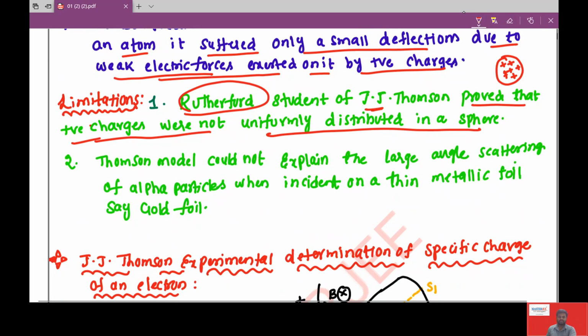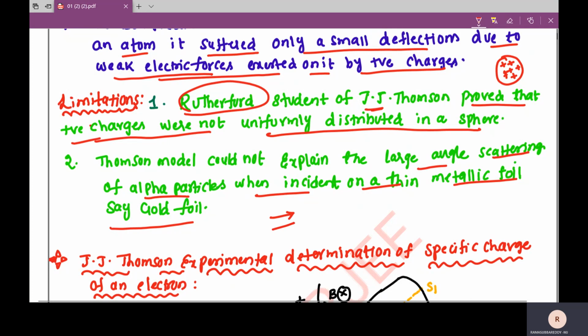Second one: the Thomson model could not explain the large angle scattering of alpha particles when incident on a thin metallic foil, say gold foil. So the Thomson model is not able to explain the large deflections.